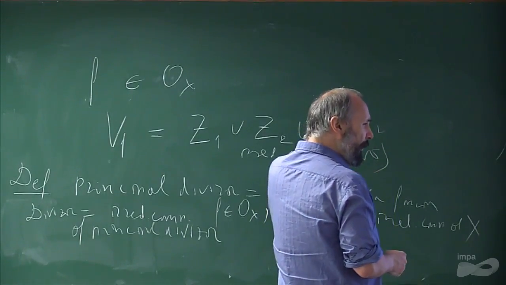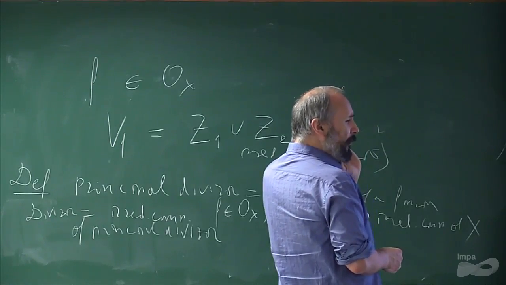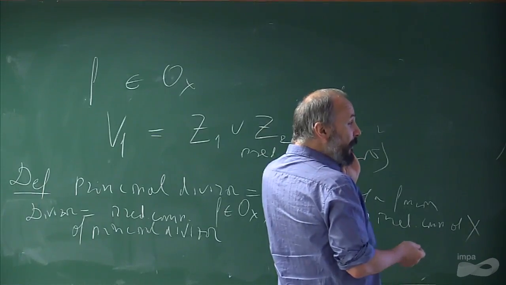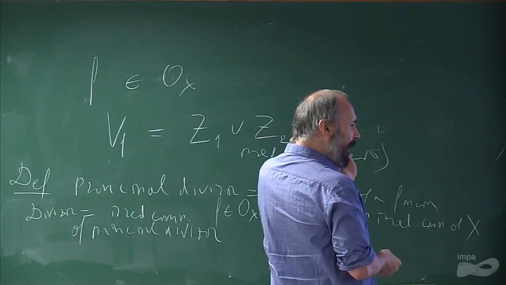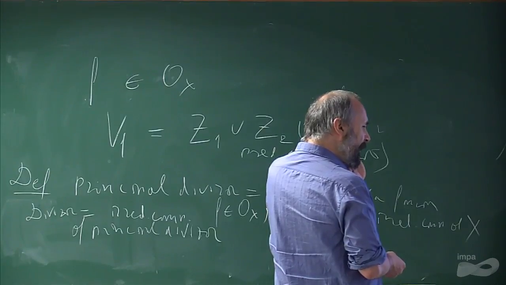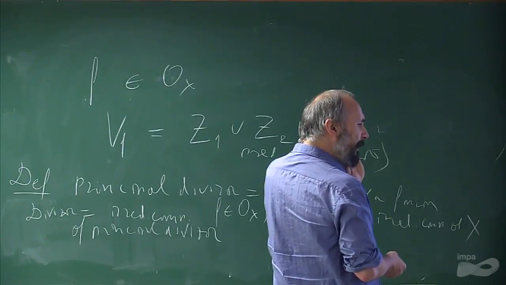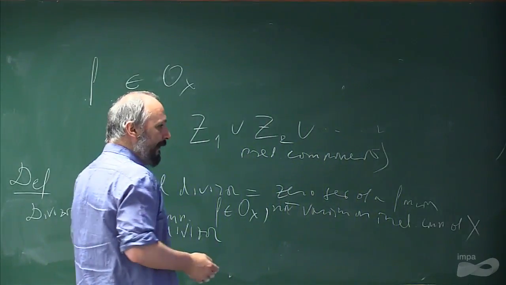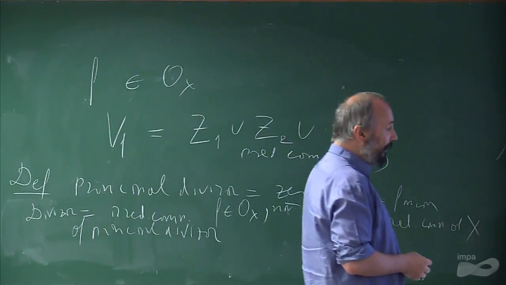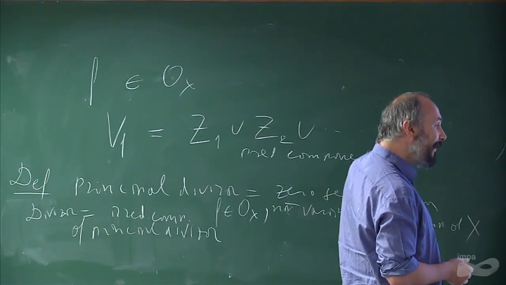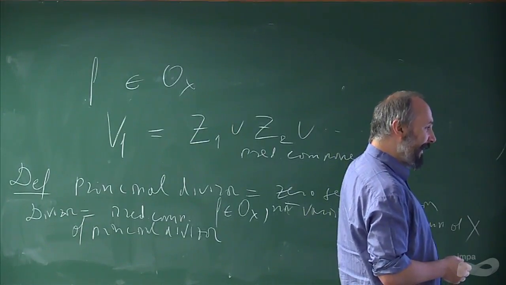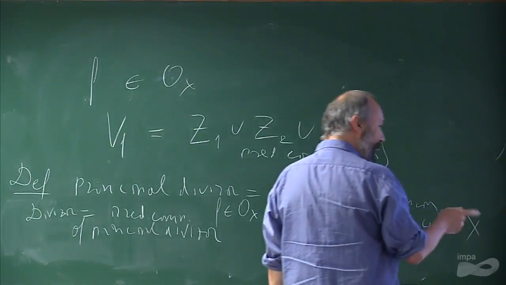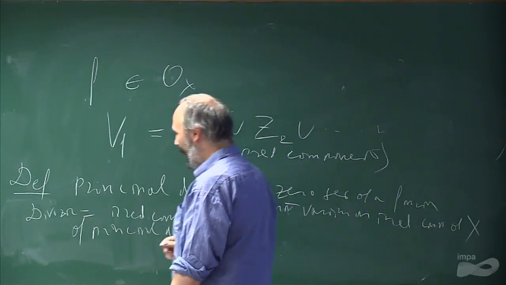Okay, so what do we want? First, the complement to a divisor, or to a principal divisor at least. Here it is about principal divisors, but on C^n every divisor is principal.